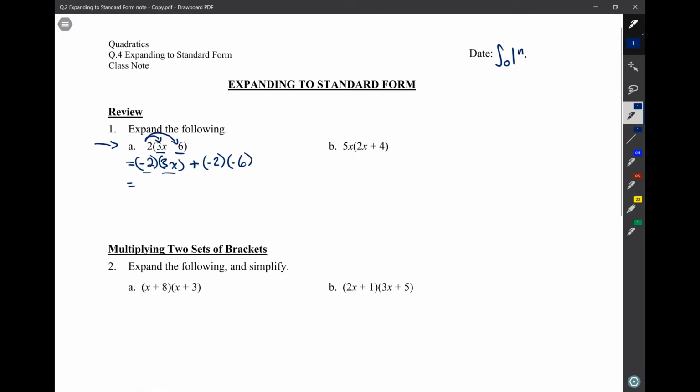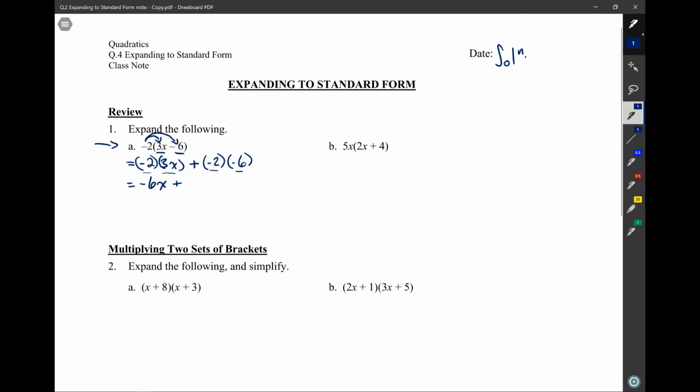What I do is I multiply my coefficients, those are the numbers, so I multiply -2 times 3, that equals -6, and then I count up all the x's that I have. I just have the one x, so I leave that as is. And then plus my second term, which is -2 times -6.